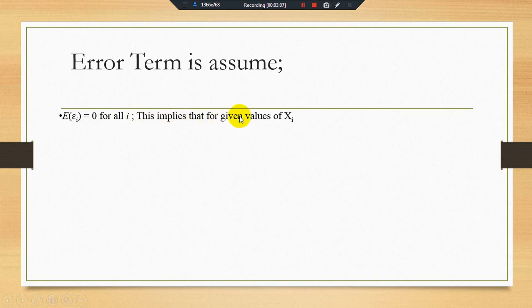This implies that for given values of i, the expected value of y is equal to alpha plus beta 1 x1i plus beta 2 x2i plus so on up to beta k xki. So when we find the errors of this expected regression line, the sum of the errors is equal to 0.